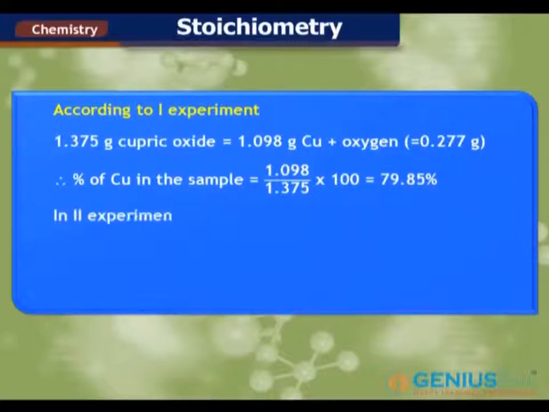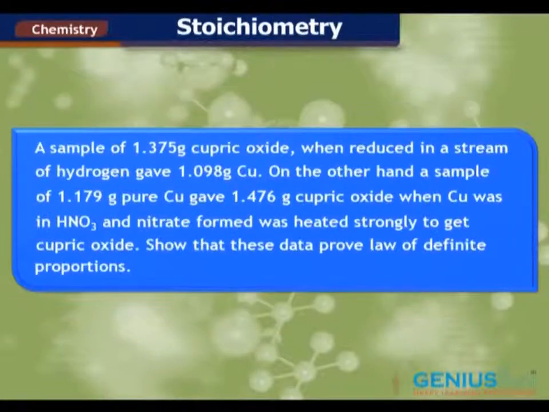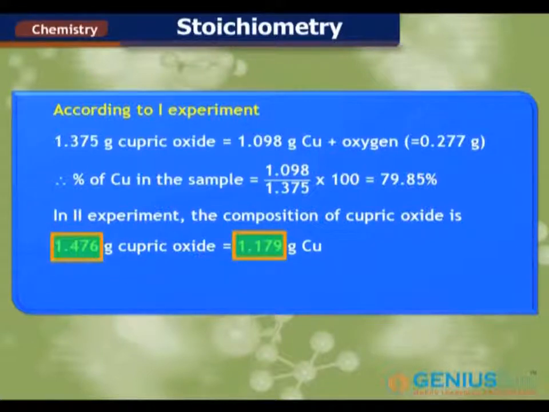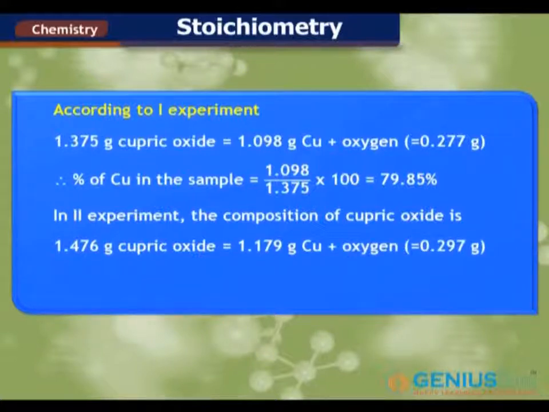Coming to the second experiment, the composition of cupric oxide is, here in the given problem, 1.476 grams of cupric oxide. So 1.476 grams of cupric oxide is equivalent to how much copper? 1.179 grams of copper, and the remaining amount, that means 1.476 minus 1.179, gives the amount of oxygen, that is 0.297 grams.